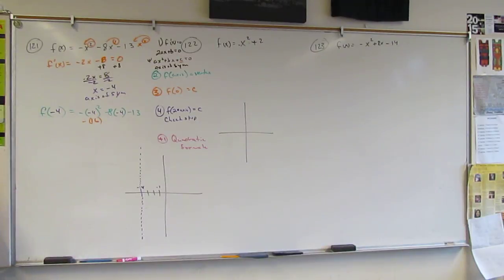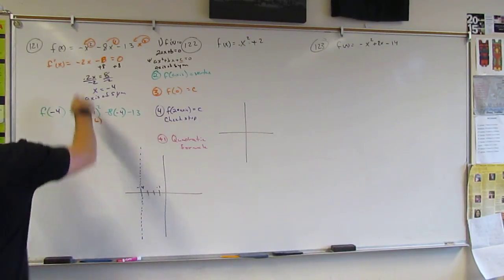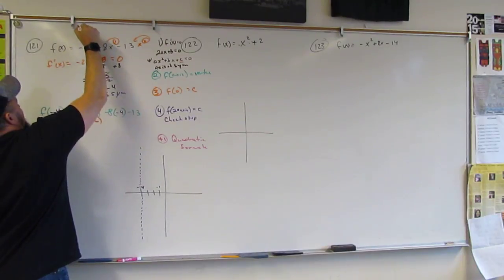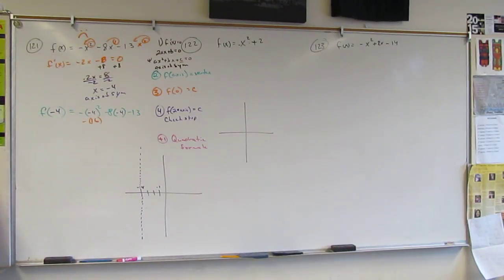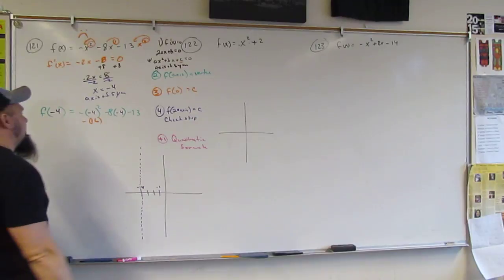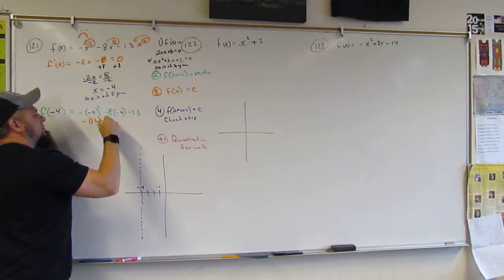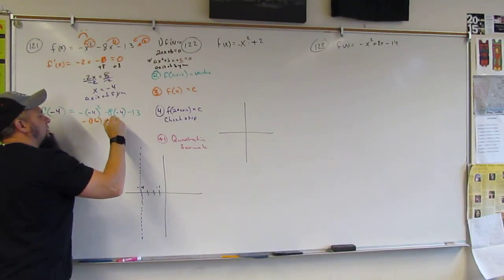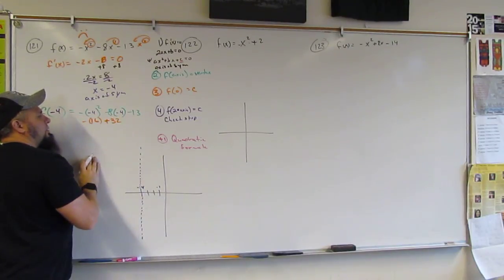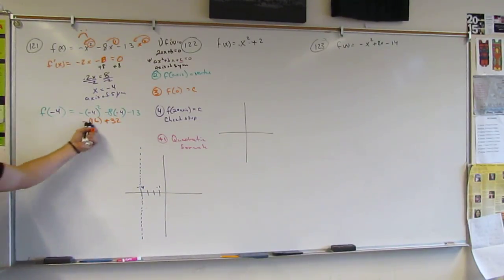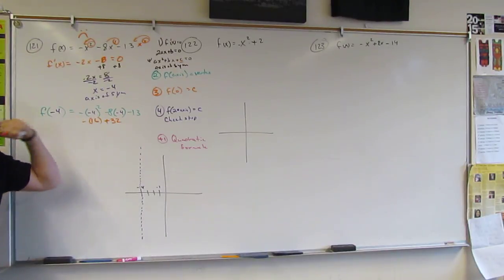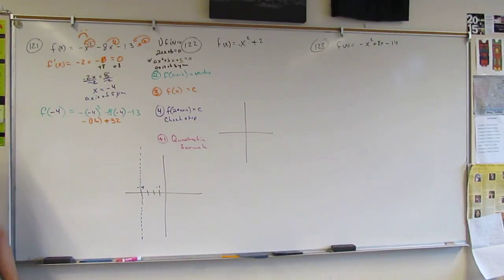Does anyone remember what that negative is telling us? Is it frowning? Yes. So it's looking like this. Okay, so we kind of remember that. So I got -16. What's a negative and a negative? Positive. 8 times 4? 32. And these should be halves of each other, right? So we know we're on the right track.